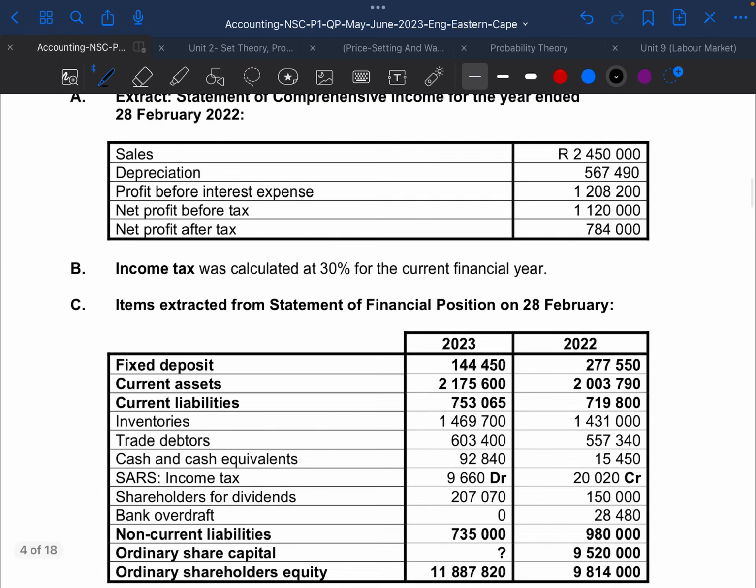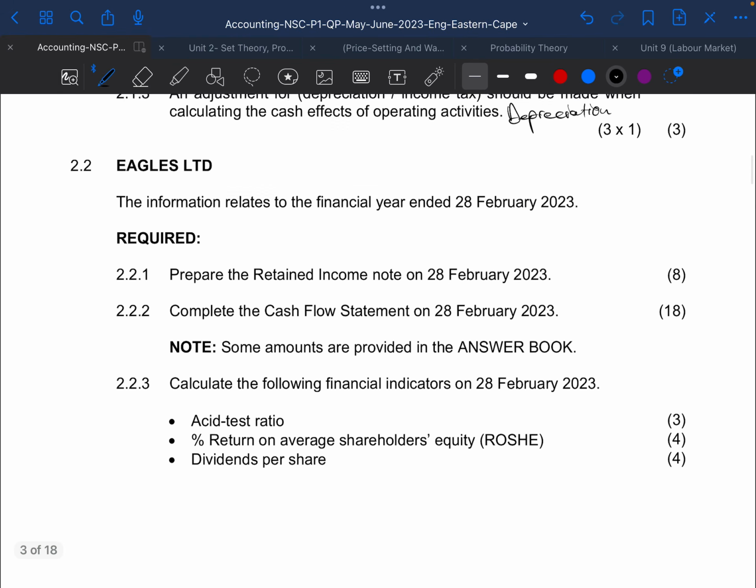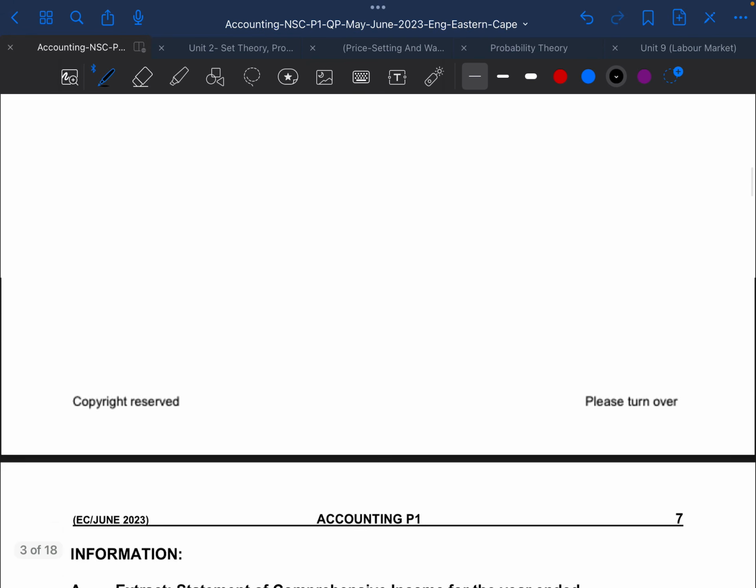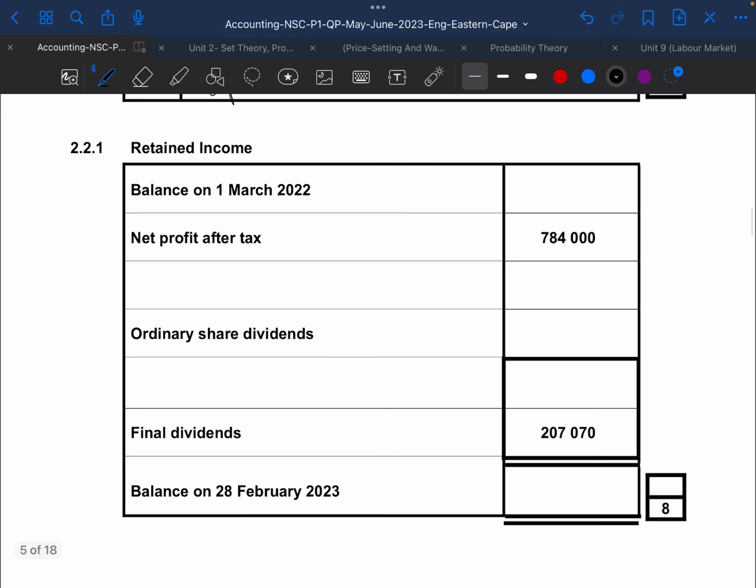Cool. And 2.2.1, we're just gonna complete that real quickly. And then it says prepare the retained income note on 28 February 2023. What we really need to do for the retained income note at first is just quickly fill it in, because it is exactly the same every time. You know what you are supposed to do when you have your retained income note.